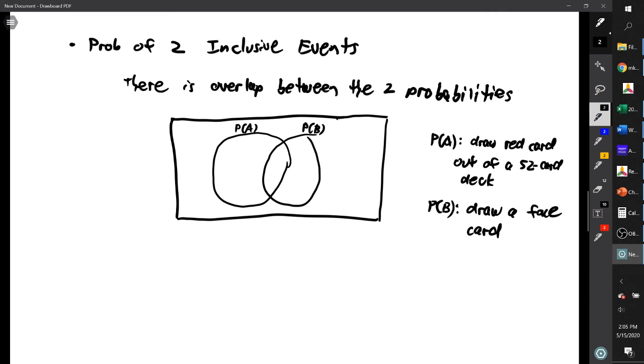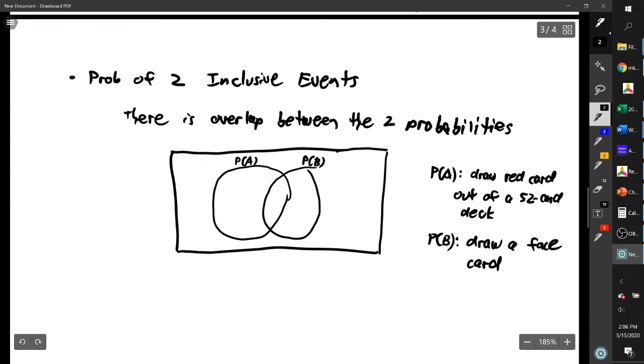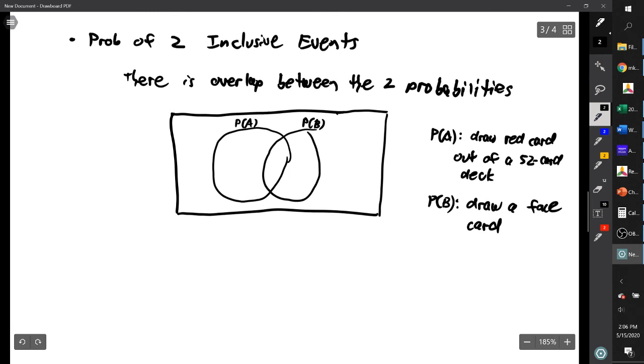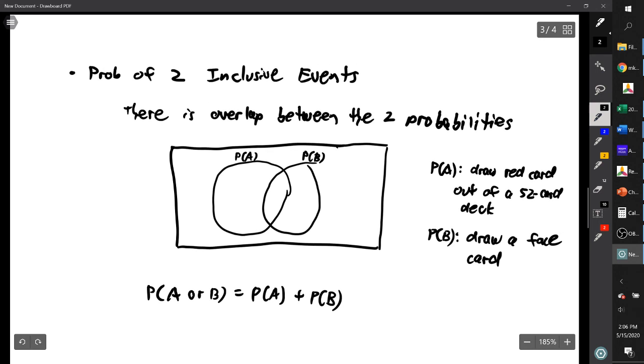So the overlap here is the face cards that are red, or the red cards that are face cards. So what we have to do is say P of A or B is P of A plus P of B. Now watch what happens if we do that. Let's say P of A is yellow and P of B is blue.